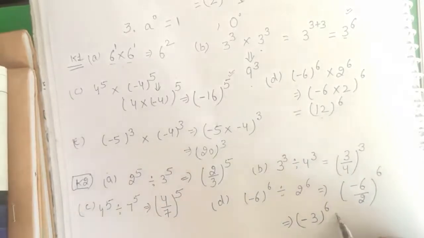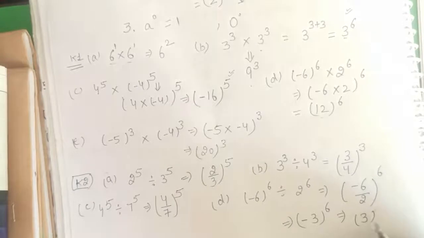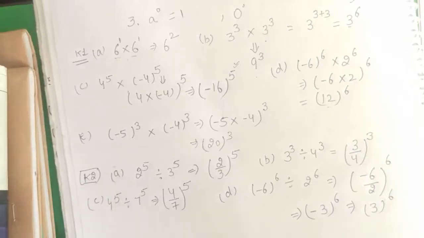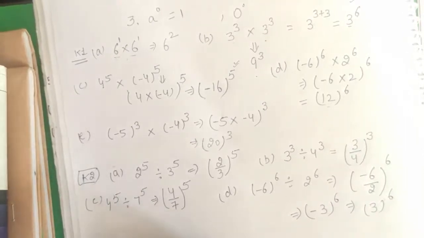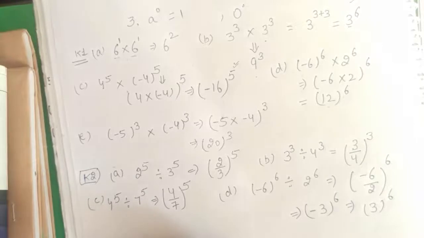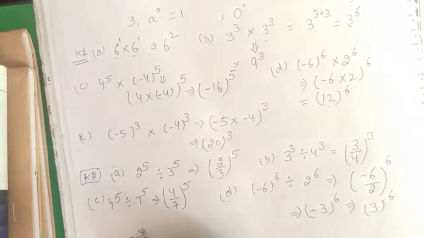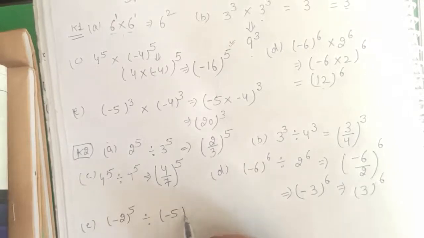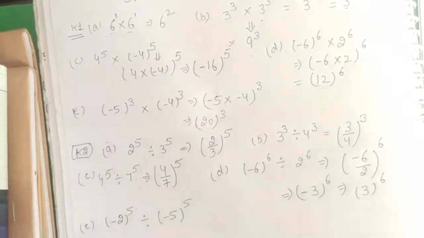Okay, here you can write this one also, 3 the power 6, because power is in even number. E part you will do yourself, and that is minus 2 the power 5 divide by minus 5 the power 5. Clear?